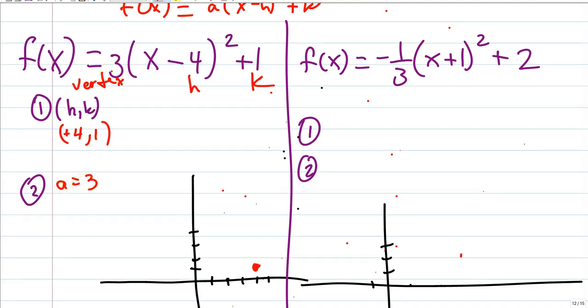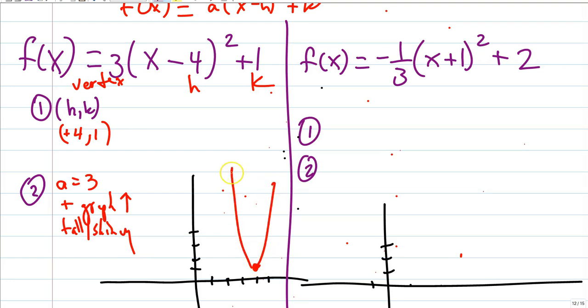What that tells me is that the fact that it's positive means that the graph will open upward, and the fact that it's a 3, greater than 1, is going to make it tall and skinny. It's going to stretch it tall. So if this was multiple choice, I would choose the one that's tall and skinny, opening upward, and I'm done.